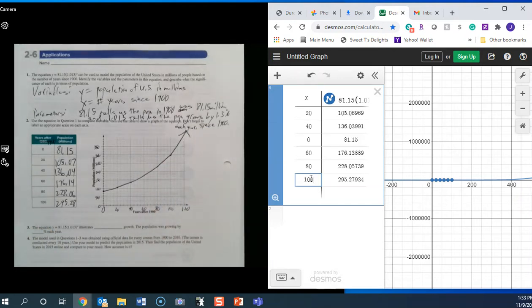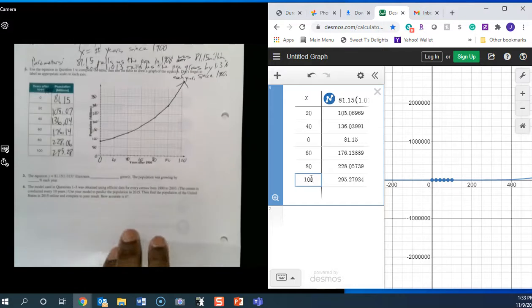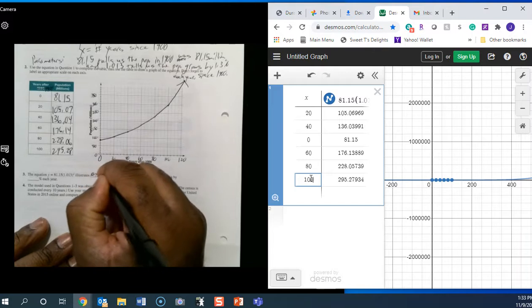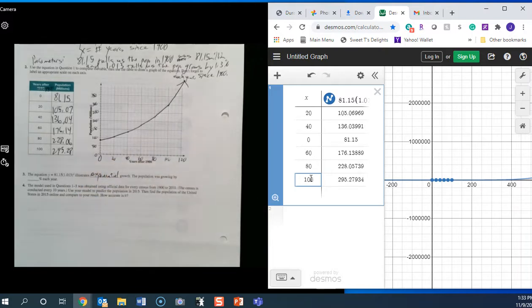All right, now number 3 says the equation y equals 81.15 times 1.013 to the x illustrates exponential growth. The population was growing by 1.3% each year. The model used in questions 1 through 3 was obtained using official data for every census from 1900 to 2010. The census is conducted every 10 years. Use your model to predict the population in 2015.